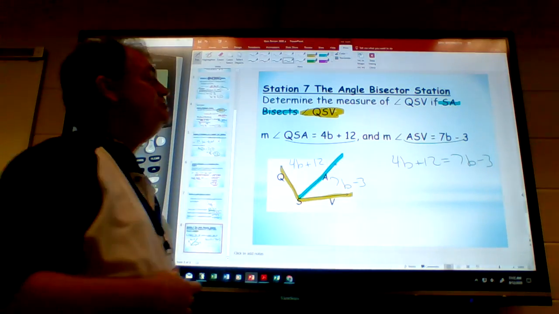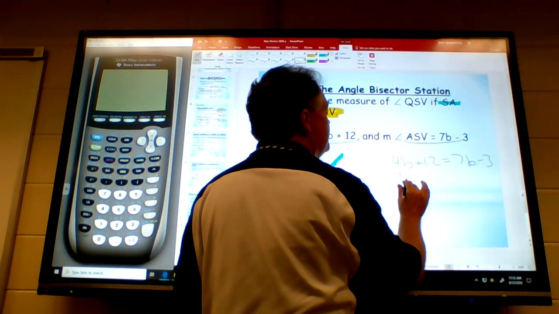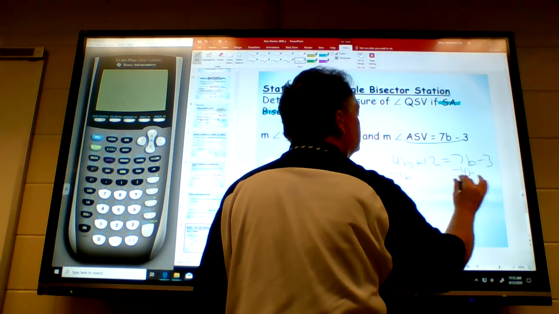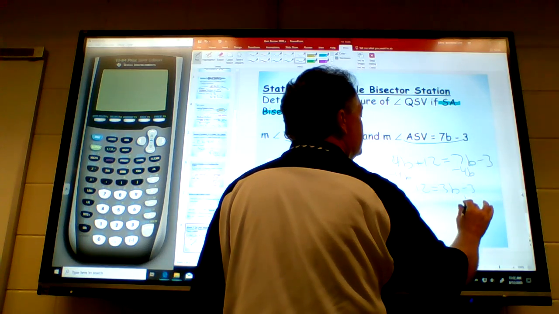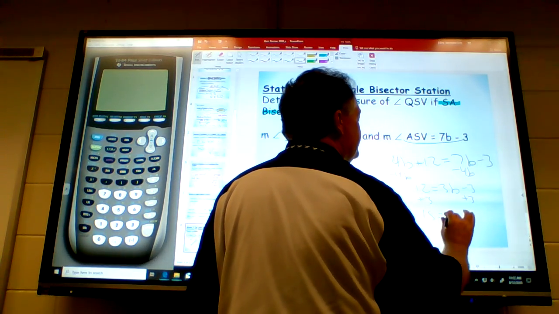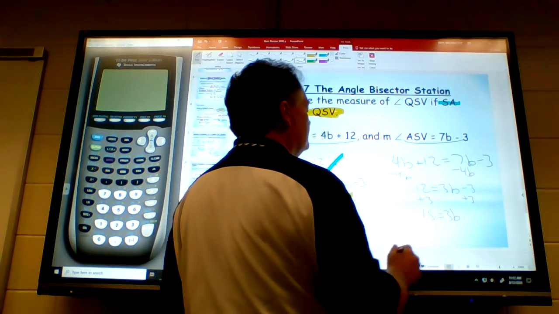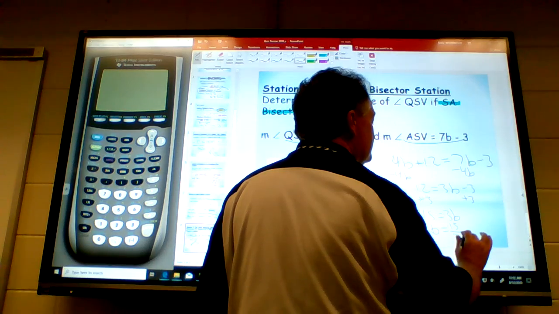And from here, we just do the algebra. I always subtract the smallest variable. So 12 equals 3B minus 3. I add 3, and I get 15 equals 3B. And then, so therefore, B equals 15 divided by 3, which is 5.